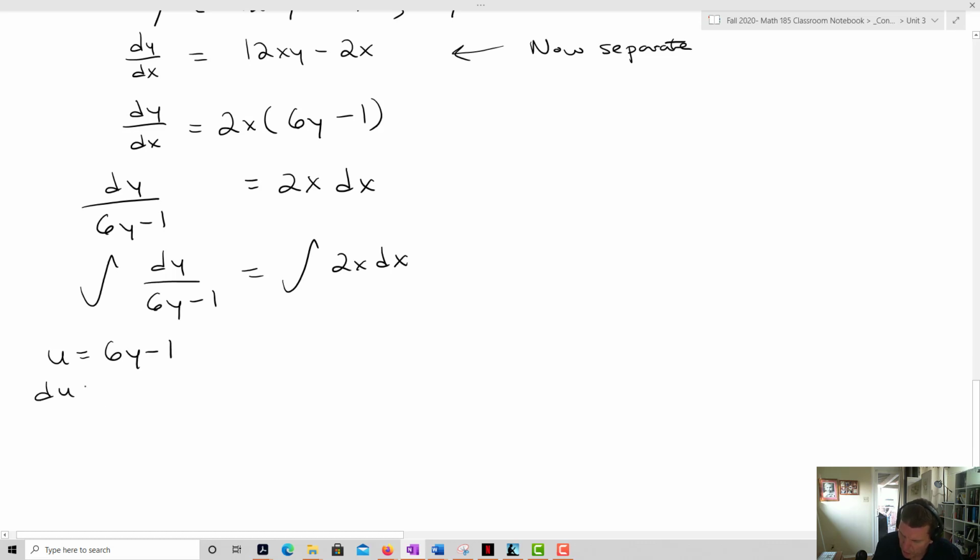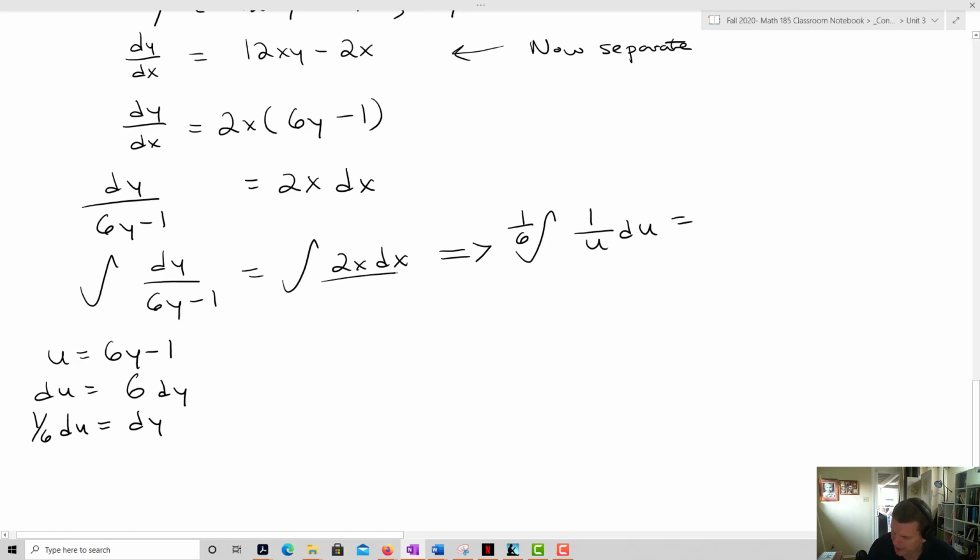And so du will equal 6 dy, and consequently, dy is going to equal 1/6 du. So what this means is that I now get 1/6 of the integral of 1 over u du is equal to, and then we'll just take the integral of 2x dx, which is going to end up being just x squared plus c.